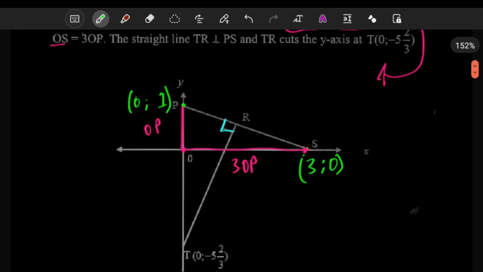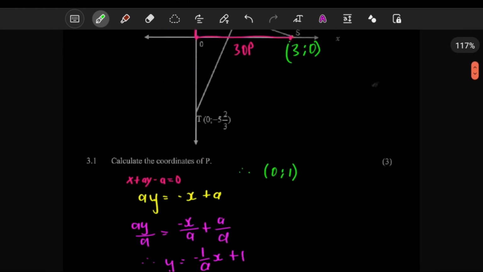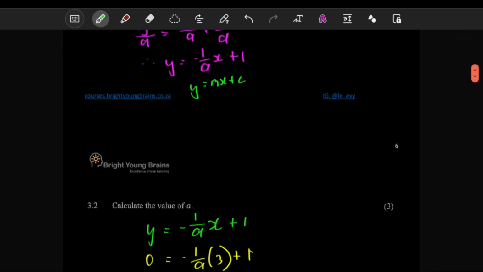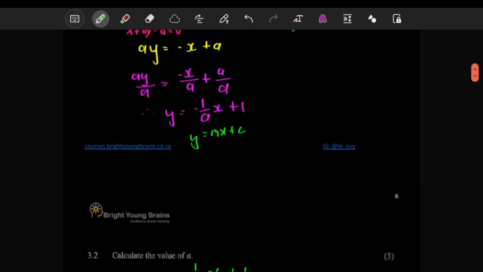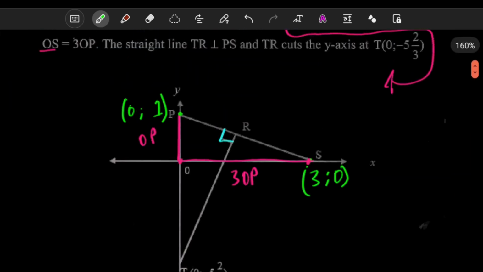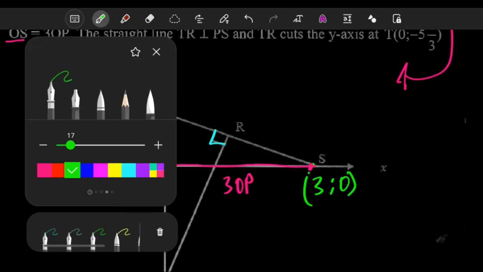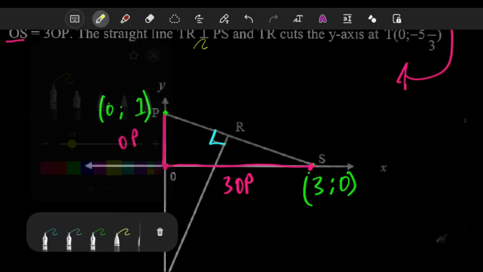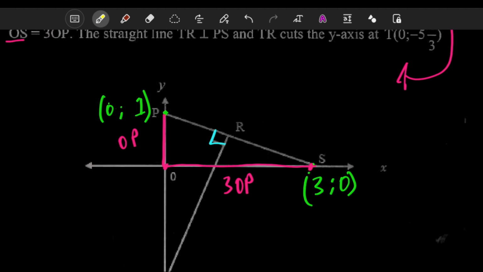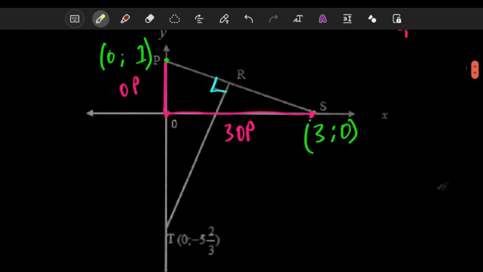So the formula for your gradient, we know that it's just y2 minus y1 over x2 minus x1. If you check on your formula sheet, how you label this doesn't matter, as long as you can understand and remember it, you won't get penalized for not labeling it.